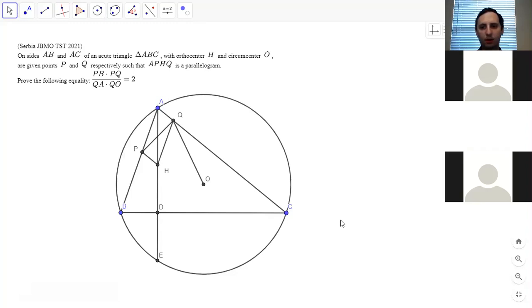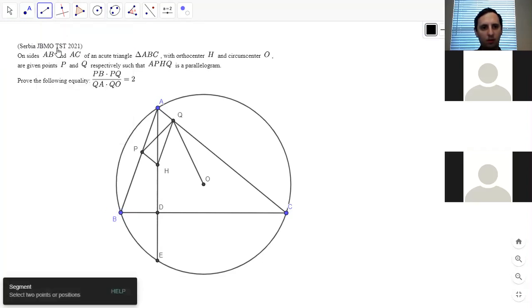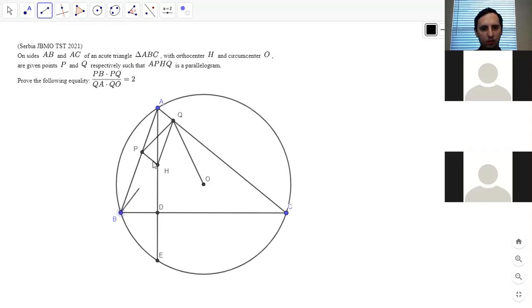Sorry, Michael. Yes. I have an idea. We can see that triangle BPH is congruent to triangle HQC. PBH and HQC? Yes. I think you mean they're similar, right? Yes, yes.